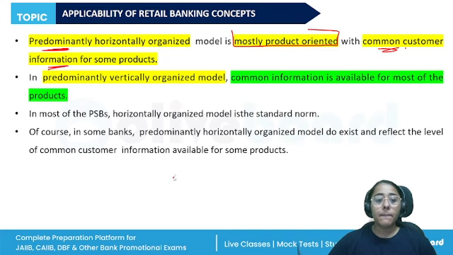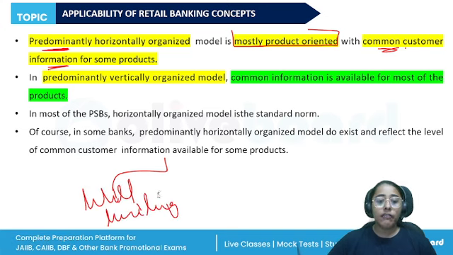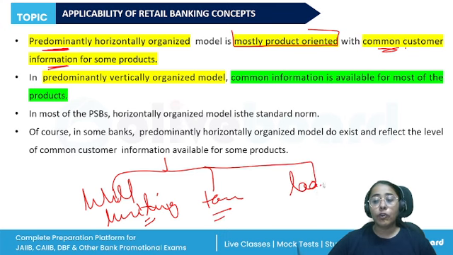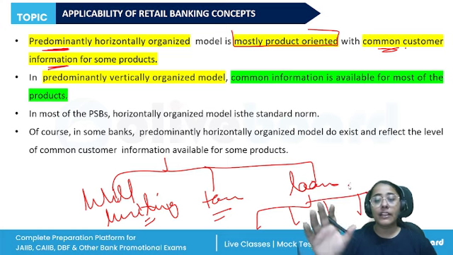For example, let's say the bank is providing will writing service. For this, separate process is followed, and for taxation also separate process is followed. Then for the types of loans, under all the types of loans, the product information will be shared. That is predominantly horizontal, right?